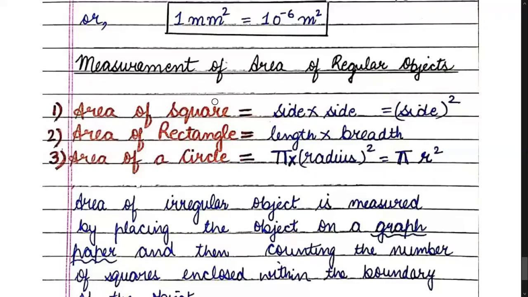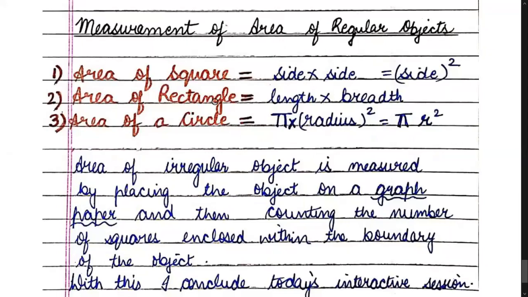So the next is measurement of area of regular objects. Children, by regular objects we refer to square, rectangle and circle. Area of square is written as side multiplied by side.